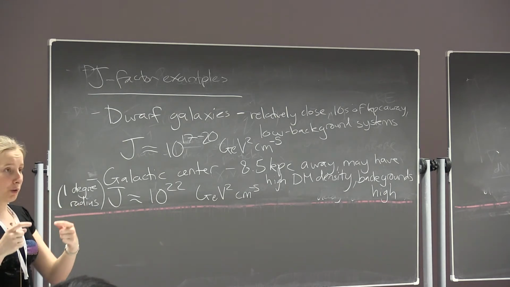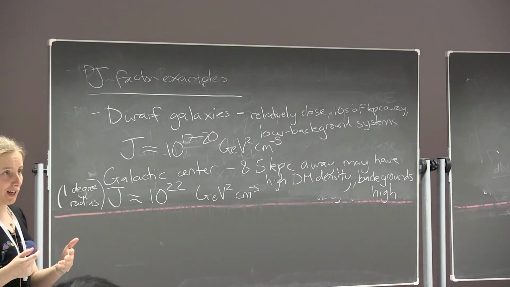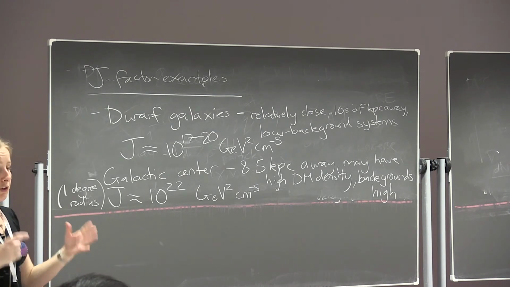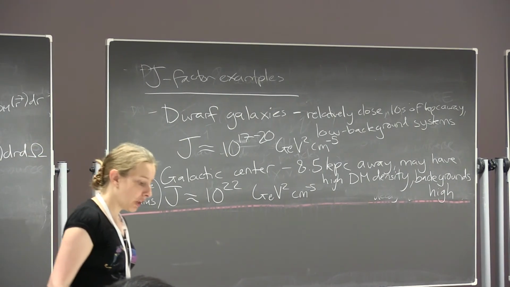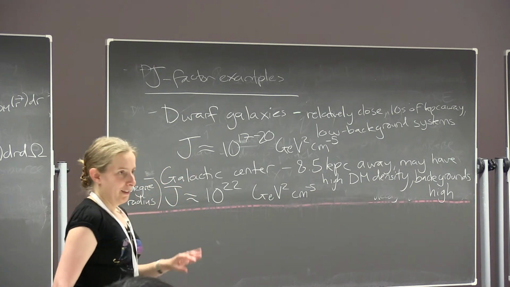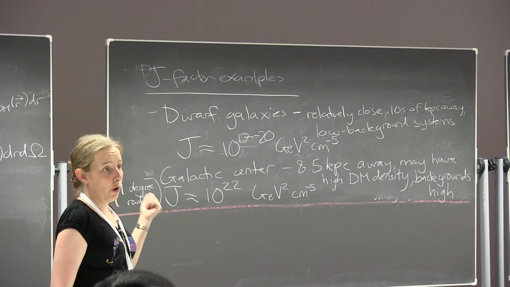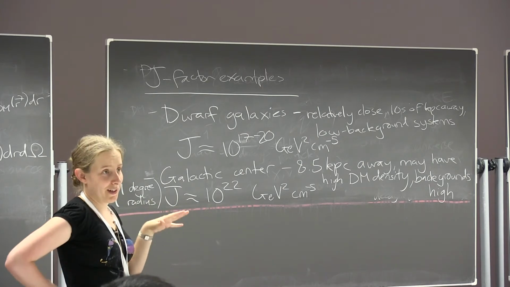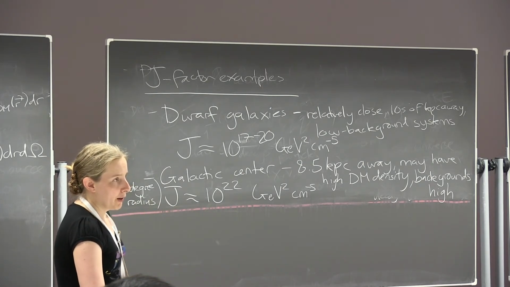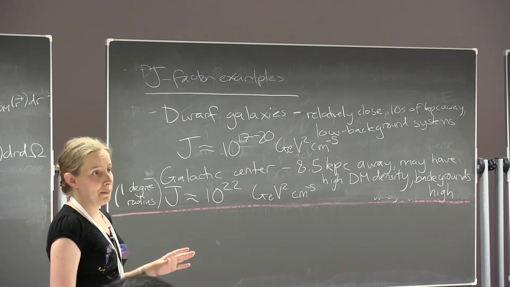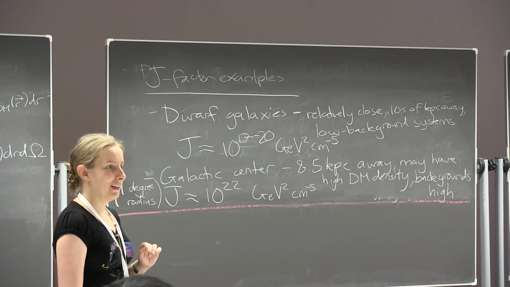You look at these stars, which you believe are bound to the dwarf galaxy, you look at their velocities, and you try to infer from that how much dark matter is contained within the system. The problem is that for the ultra faint dwarfs, which are the most dark matter dense, the coldest and maybe the best targets for low background, the number of stars associated with the system may be order 10. So it's hard.